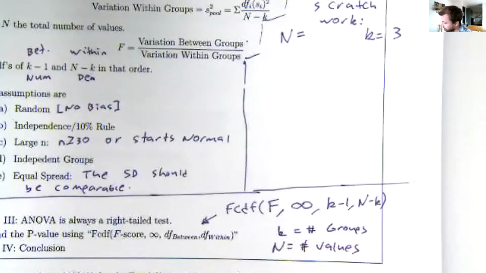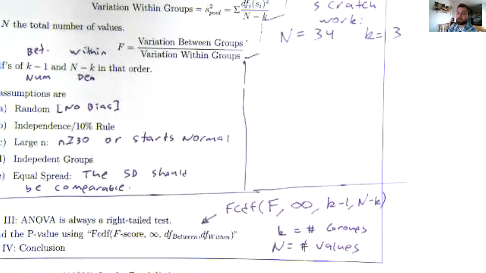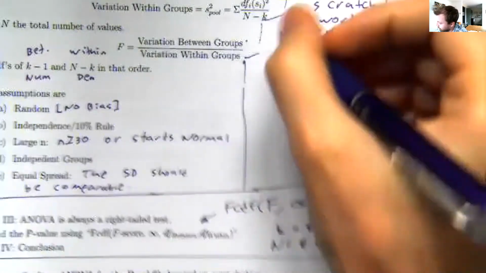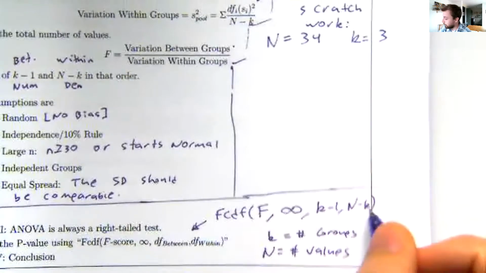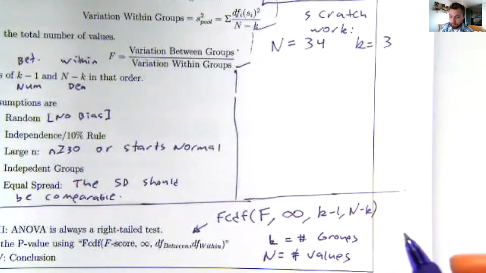I believe this gives me 21, 31, 34 days of tips between the three people, where I was recording their daily tip amount. So one of the degrees of freedom is going to be 2. The other degree of freedom is going to be 34 minus 3. The other one's going to be 31.